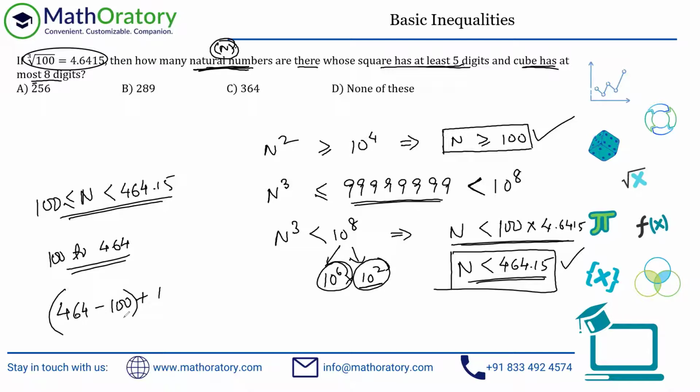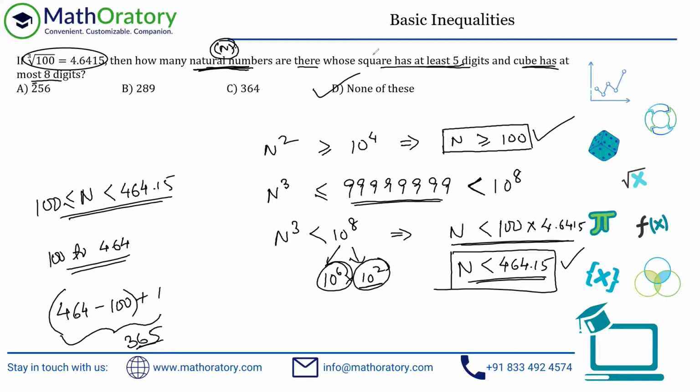You are not considering the total number of terms. The total number of terms will always be one more than that. You can take an example, 10 to 20, you can just count it on your fingers. There will be 11 numbers, not 10 numbers. So out here, you'll have a total of 365 numbers. 365 is not a given value in the options, so option D, none of these, will be the correct answer here.